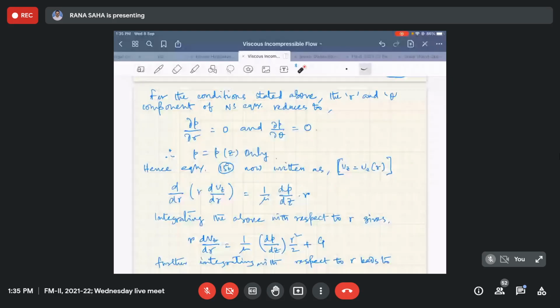So instead of del P del Z, you can write it as the exact differential dP dZ.